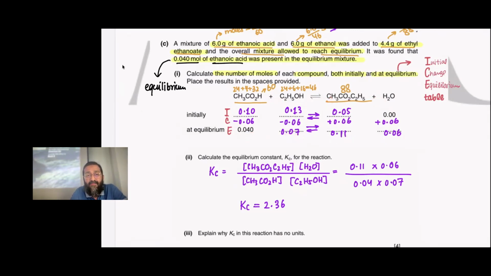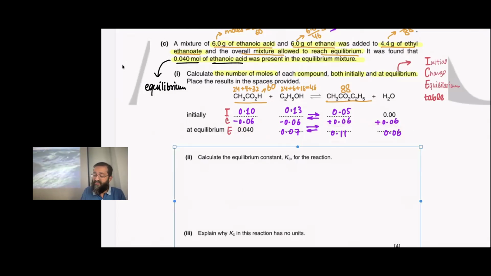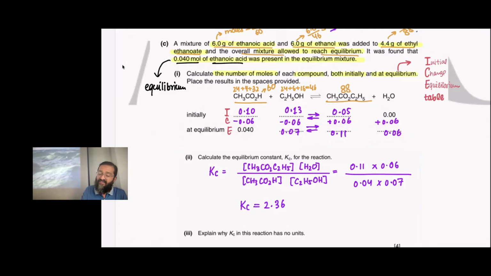So these are the moles at equilibrium, and I didn't convert them into concentration. The reason is, for example, let's suppose the equilibrium mixture has a volume of 0.5 dm cube. I would need to divide each of them by 0.5 in order to convert into concentration. So all the volumes get cancelled, and I am left with these values. That's why I directly use the moles instead of the concentrations.